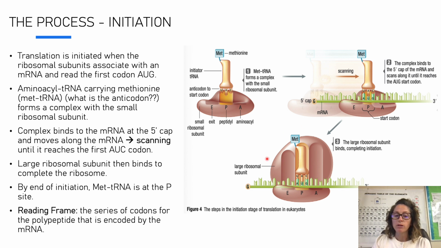Then we have our large ribosomal subunit join in. By the end of initiation, we have our methionine tRNA in the P site, because this is the start of the polypeptide. The reading frame is the series of codons for the polypeptide that is encoded by the mRNA. So it's essentially not including the G 5' cap or that poly A tail.